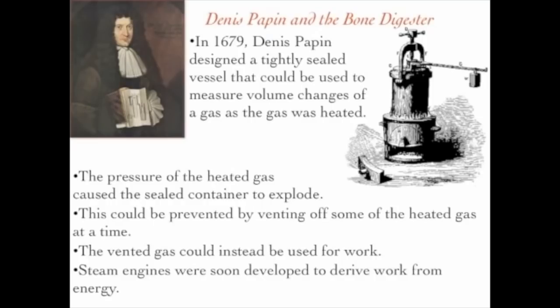In 1679, he built a tightly sealed vessel that could be used to measure the volume changes of a gas when the gas was heated. All right, so let's take a look at this thing. It's pretty wild. You light a fire in this chamber here, shown by the red arrow.